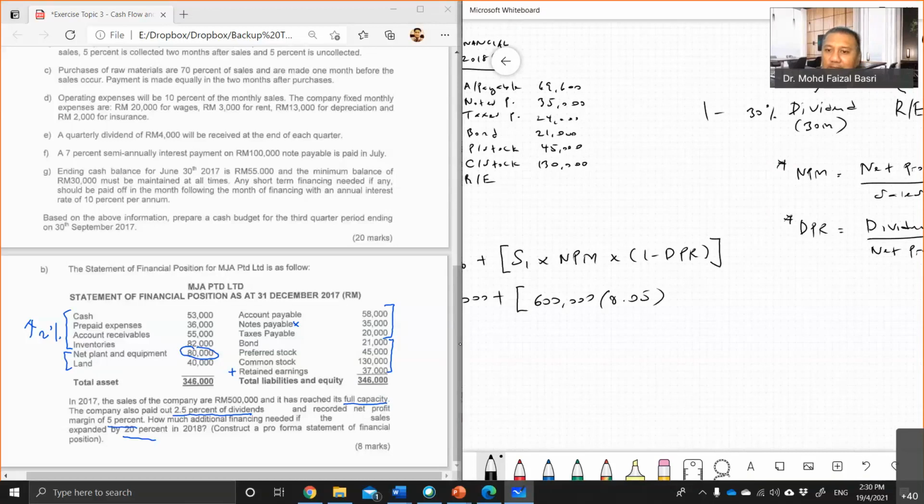And you multiply with 1 minus DPR. So the dividend payout ratio is 2.5%. Very small there.